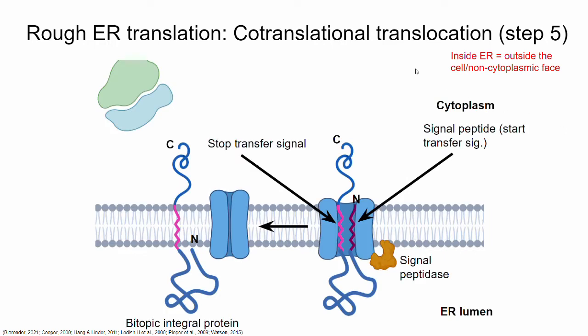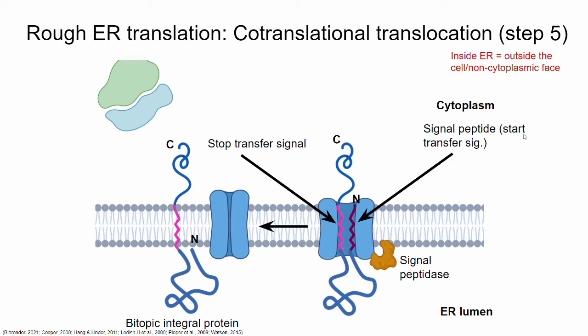Now, let's talk about the multiple outcomes, step number 5. This is after the ribosome and the protein are attached to the endoplasmic reticulum membrane. In this case, we have the signal peptide. That's the signal or the location that I just described. It's the signal that leads the ribosome, protein and mRNA complex to the endoplasmic reticulum.